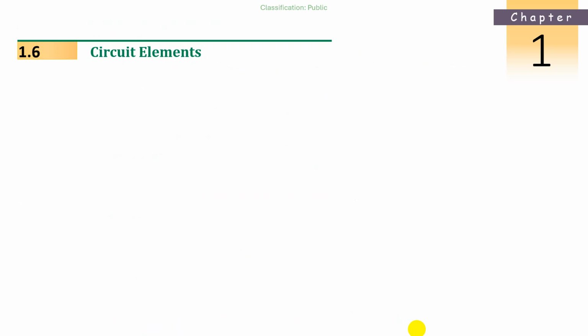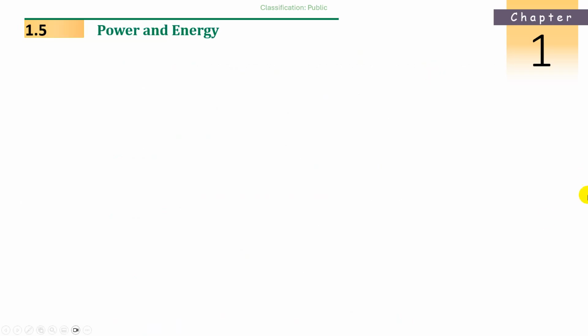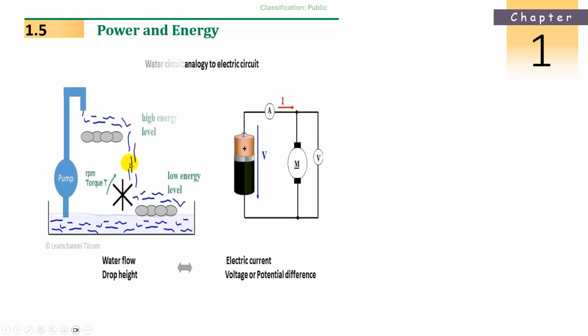Now next class we will start the circuit elements. Okay, let's start. So power and energy we have to study today. In previous classes, what did we study? We studied from basics, what is a circuit, why we study electrical circuits. Then we studied charge, current, voltage, and power and energy also.